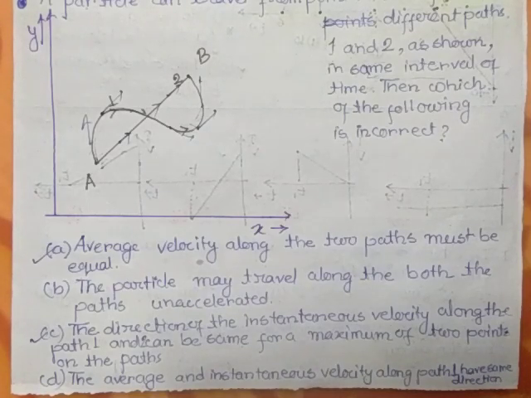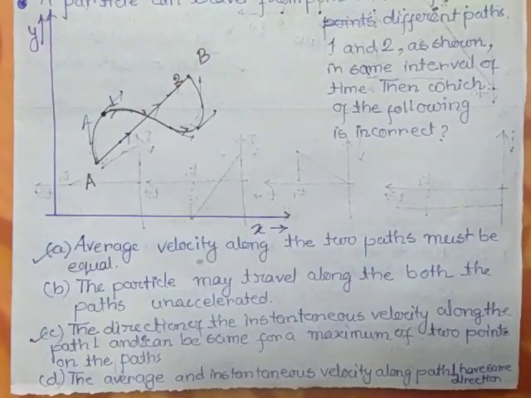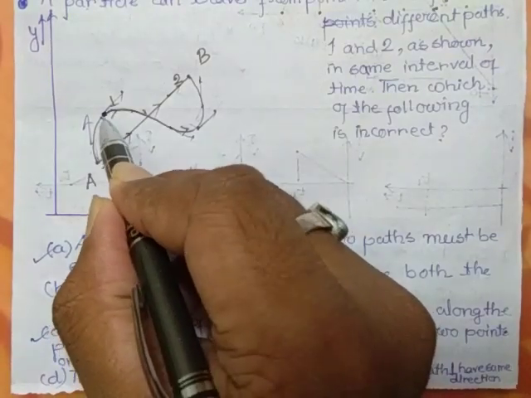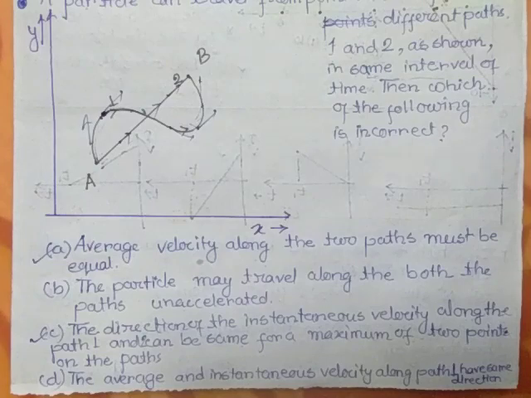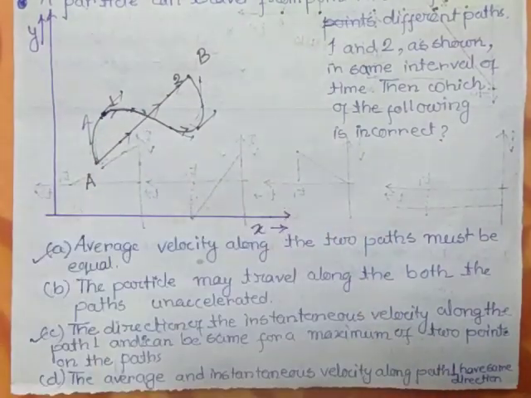But the thing is about the instantaneous velocity. The instantaneous velocity means it is talking about the displacement at that particular position. So for a particular time interval, it will just cover this, and in each and every small time interval it covers this path.